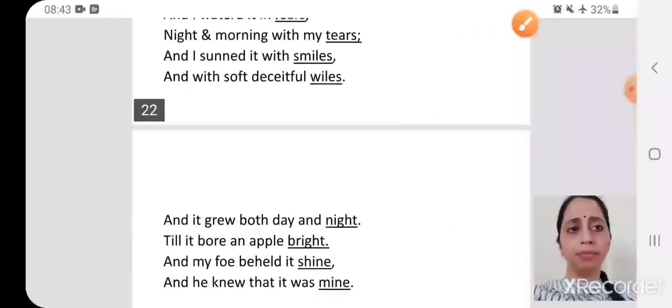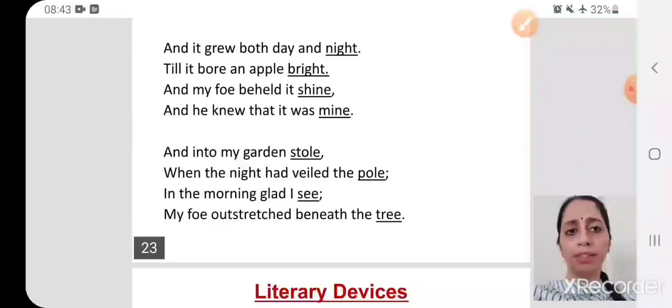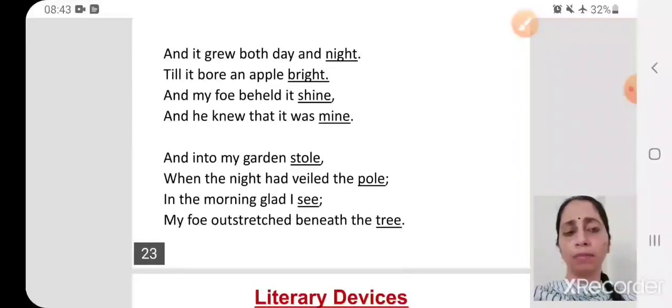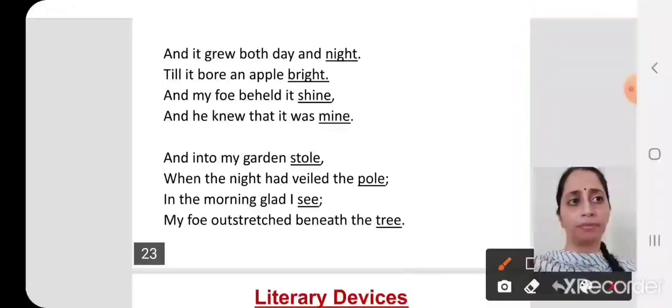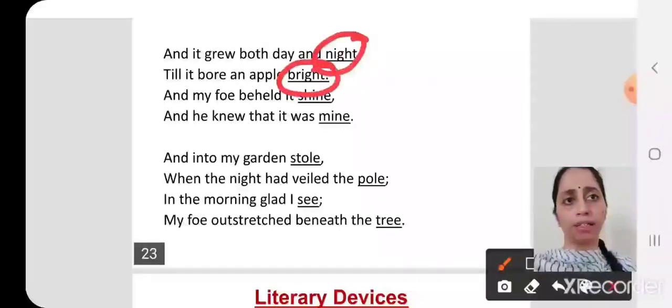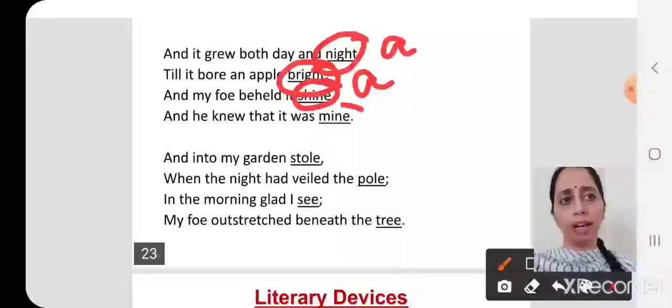Proceeding further. Now I will just concentrate on the last words used in the stanzas. Night, bright. It is A. Again, shine and mine.